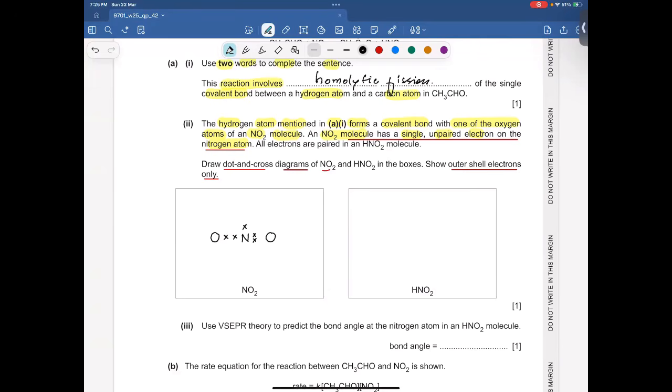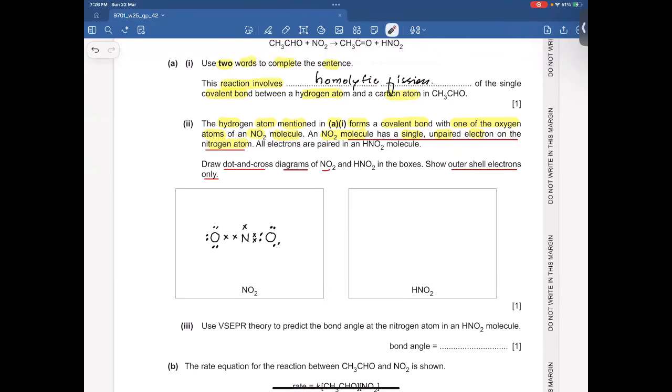Oxygen has 6 valence electrons because it is found in group 16 of the periodic table, which are represented by dots. So these are the 6 valence electrons of oxygen. We have 6 valence electrons of oxygen on this one also. So that's the dot and cross diagram of the NO2 molecule.